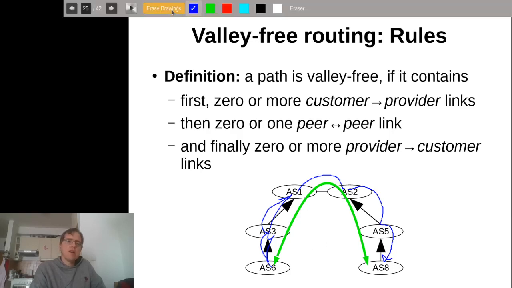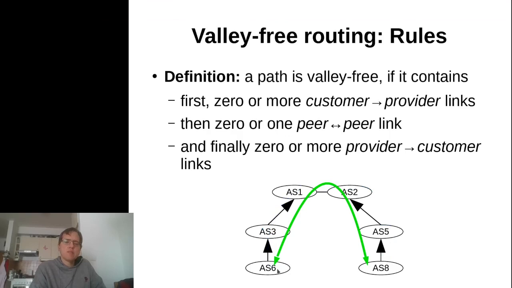So any feasible path in the internet, when drawn in the transit hierarchy, will have this property: the packets will first travel upwards from a customer to a provider. Then they make at most one horizontal step from one peer to the other, traversing at most one peer link. And from that point, packets travel downwards from providers to actual customers.